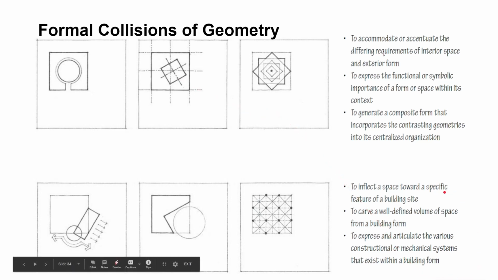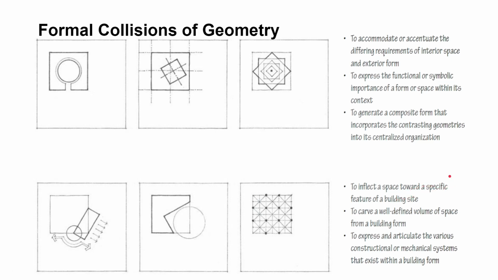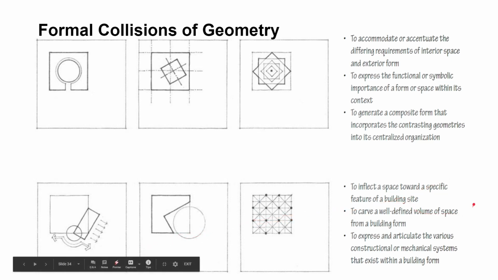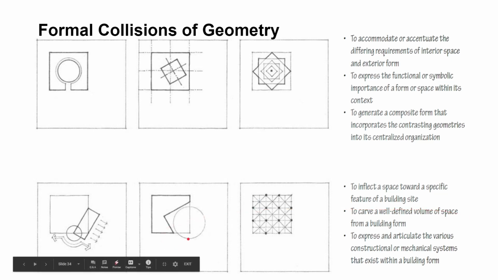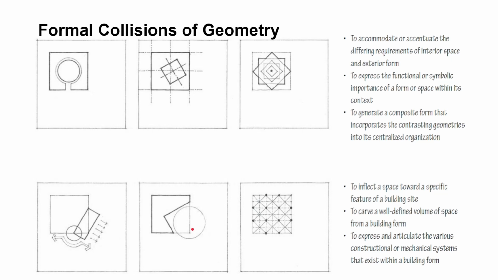So, other collisions are to inflect a space towards a specific feature of a building, to carve a well-defined volume of space from a building form, and to express and articulate various constructional or mechanical systems within a building form. I think now we have very progressive and forward-thinking designs where the limit between geometric and organic shapes is very thin, or sometimes they overlap each other.